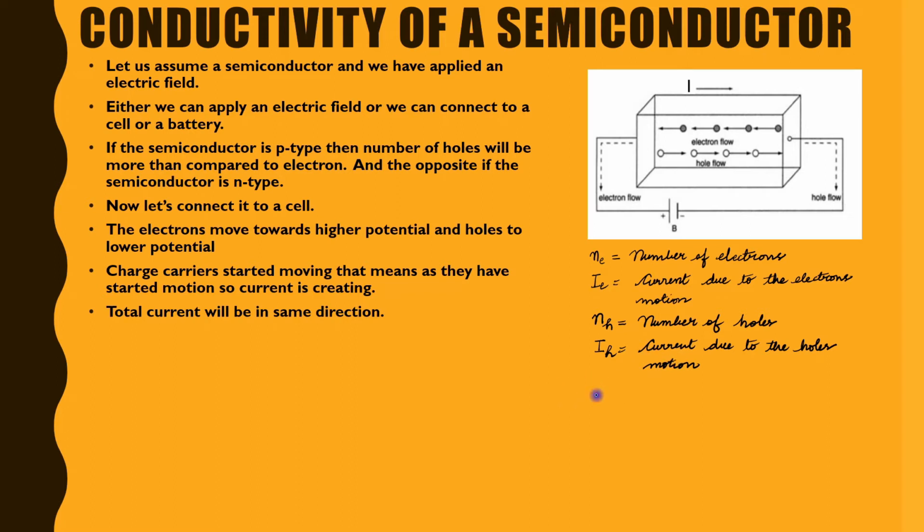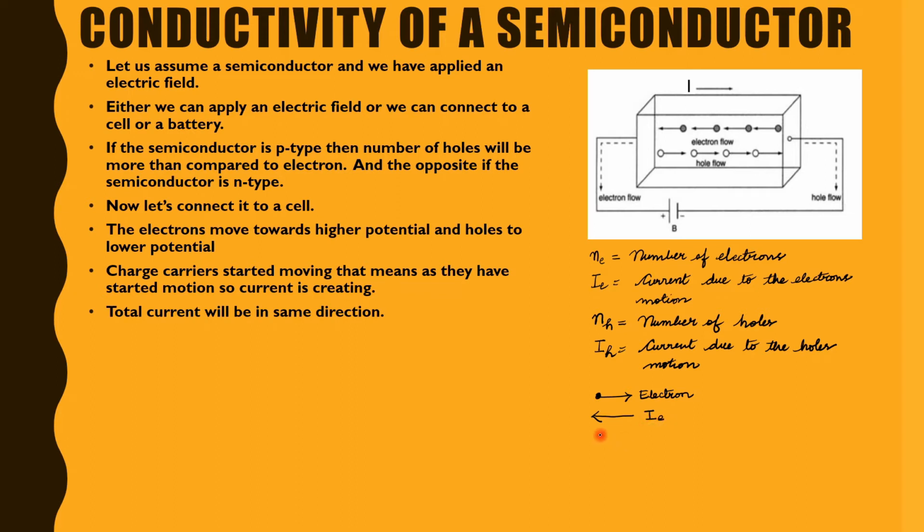Now the shaded one is our electron. If an electron is moving this side, then the current will be moving the opposite way. That means this is IE.